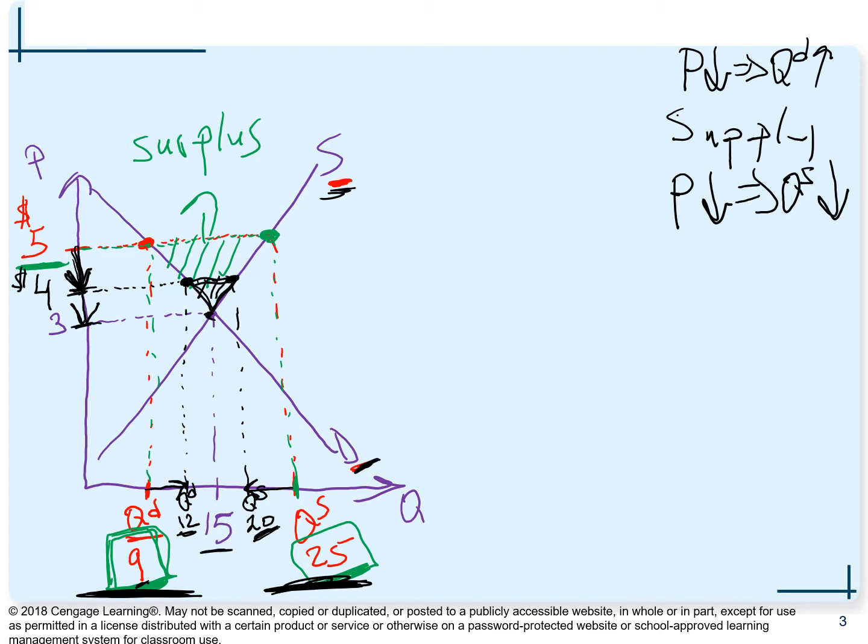So really quick, a couple of notes. At a price equal to $5, I'm going to indicate that this is higher than equilibrium.